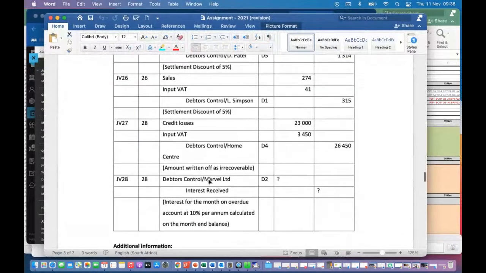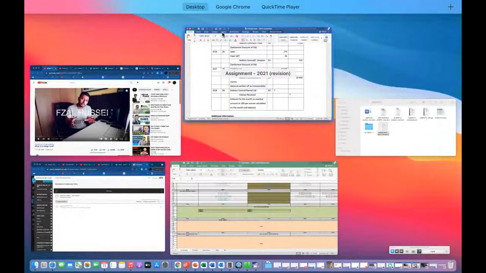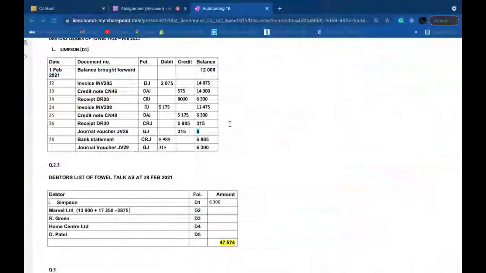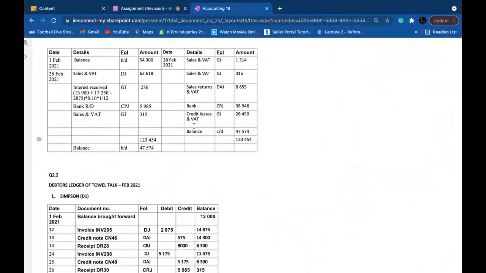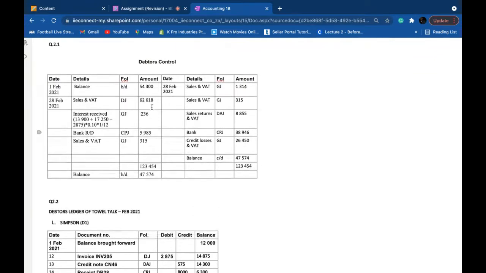In the journals, did we have anything with Marvel? Yes, we charged her or him interest. And what did that interest amount to? We'll just go back to the debtors control to find out. We wrote down the interest somewhere. Oh, here. I'm looking all over the show.